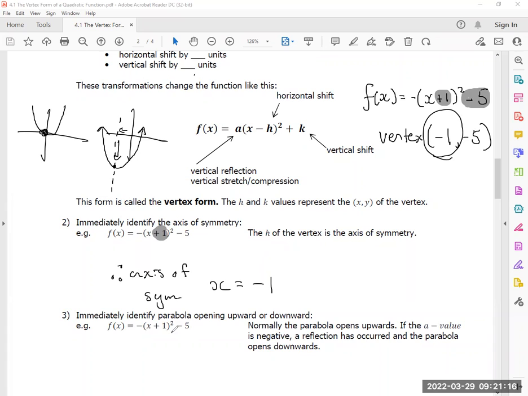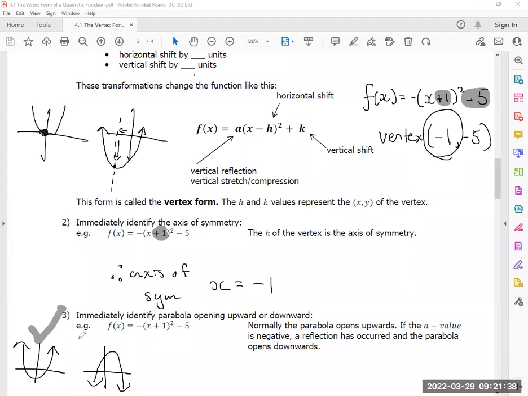Number 3, you can immediately identify whether it's opening up or opening down. As you know, parabolas can do this or parabolas can do this. How do we know? Well, normally it opens upwards like that.